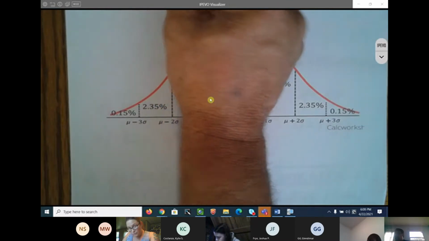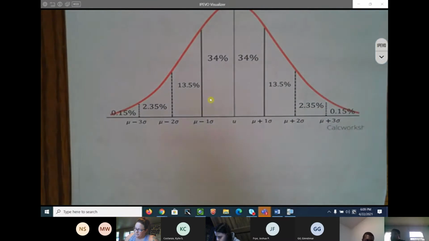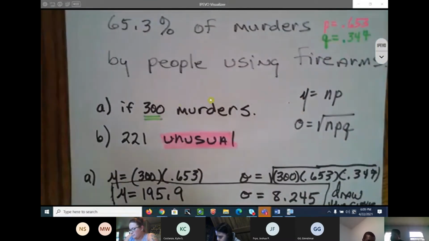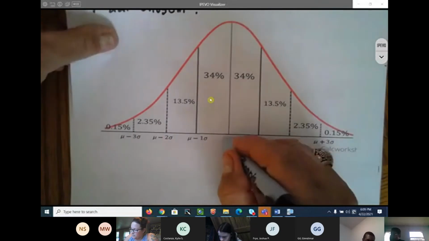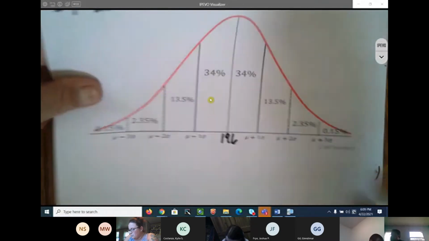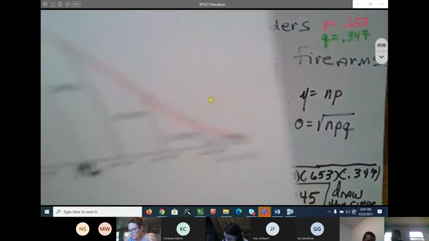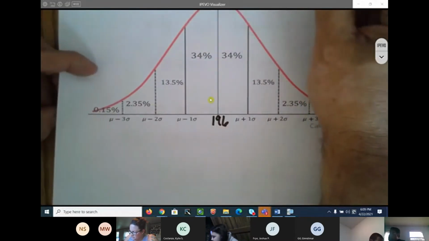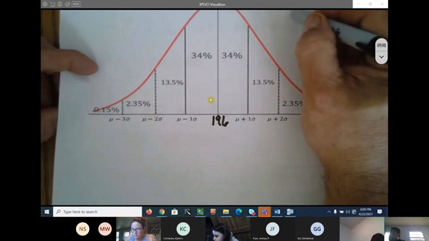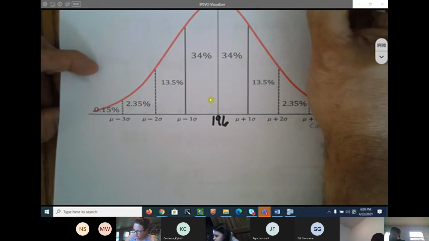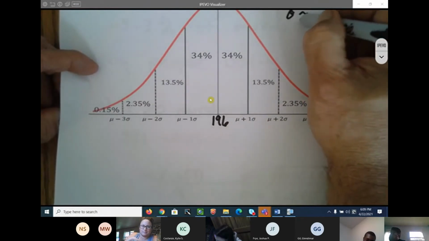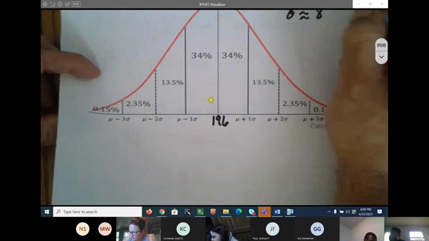Okay. So I'm going to put my mean in the middle. I'm not going to use the decimals. I'm going to use 196 in the middle because I'm not going to worry about those decimals. And 8 on the standard deviation. So mean is equal to 196, and I'm going to put a dot. And standard deviation is equal to 8.